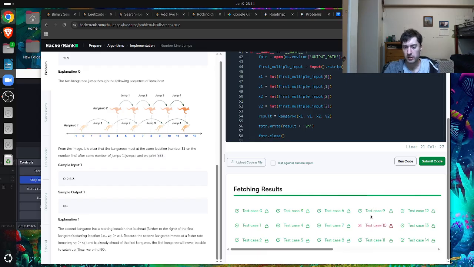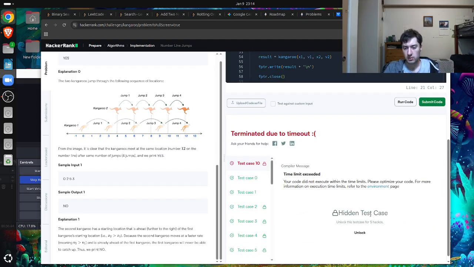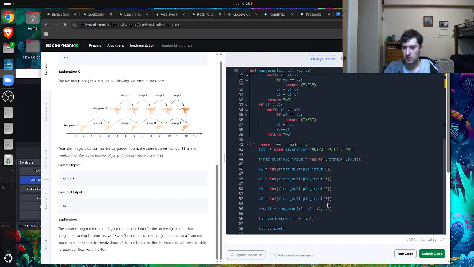Although test case 10... Ah! Test case 10 fails. Why? Time limit exceeded. Interesting.